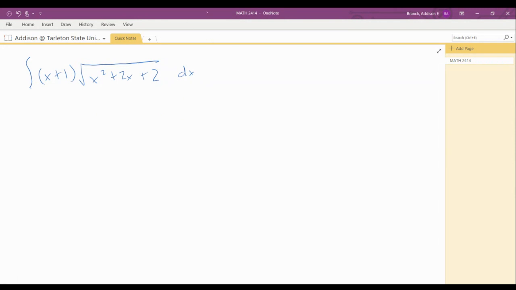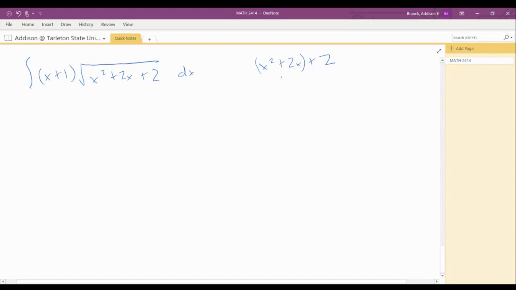So what we can do under here is we can take our x squared plus 2x plus 2. Let's bracket this off and see what happens if we try completing the square.